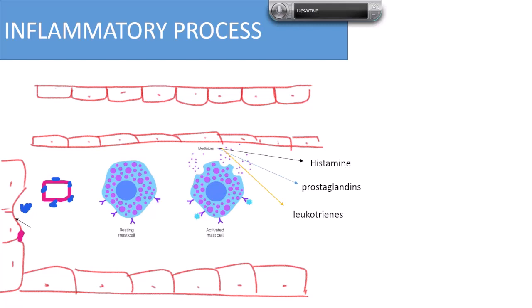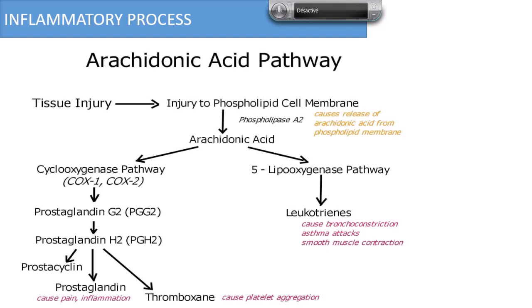Once these endotoxins damage our tissues, there's an enzyme called phospholipase A2. This phospholipase A2 is going to convert our phospholipids into arachidonic acid metabolites. As we can see here, phospholipase A2 acts on these phospholipids and converts them into arachidonic acid.